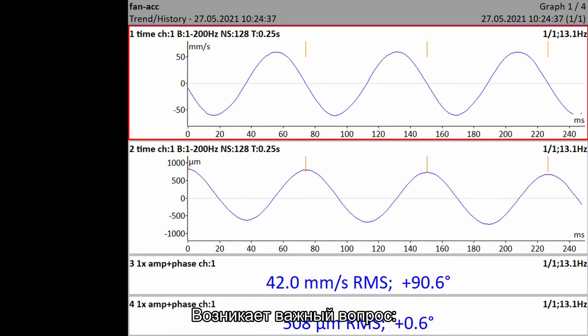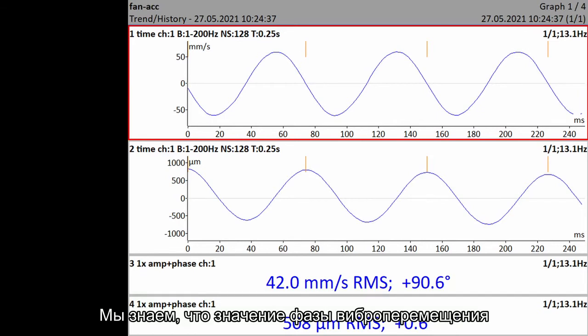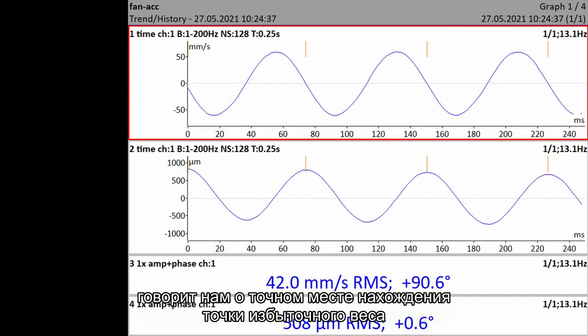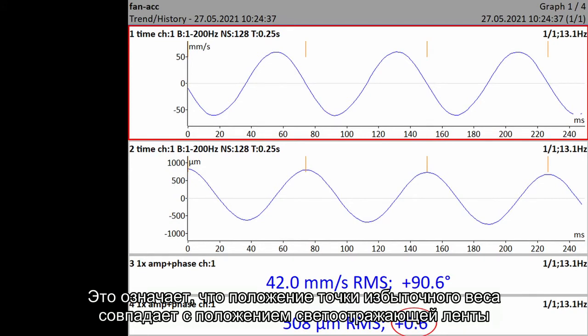And the important question: how to find the heavy spot position from velocity measurements? We know that the displacement phase value exactly tells us where the heavy spot is. In this example, the phase is 0 degrees. It means the heavy spot is in the same position as the reflective tape.